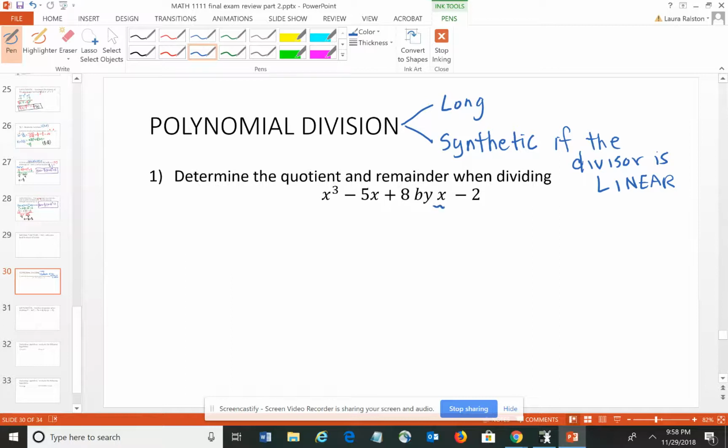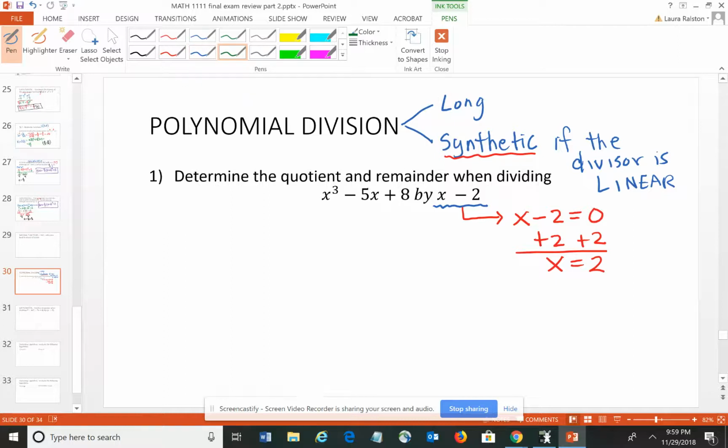And so I notice in this problem, my divisor, which is x minus 2, is linear. So I'm going to use synthetic division for this particular problem. I need to take my divisor, x minus 2, set it to 0, and solve for x. So I'm actually going to divide by a value of positive 2.